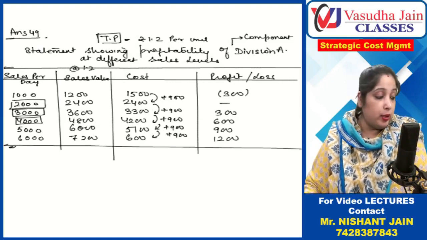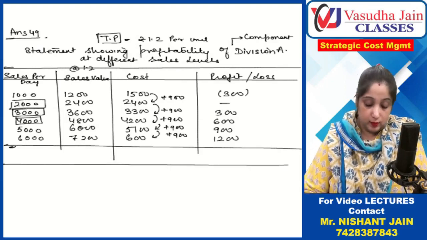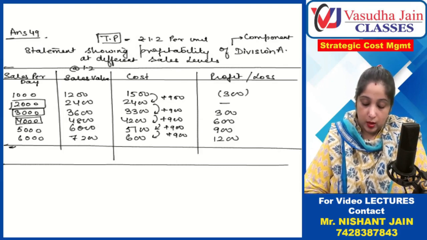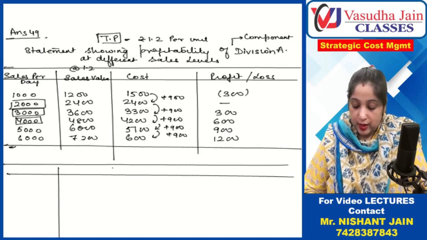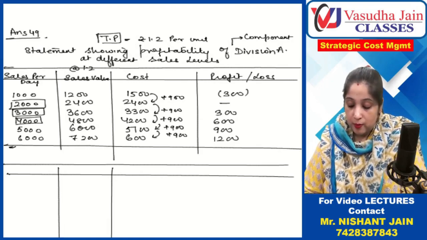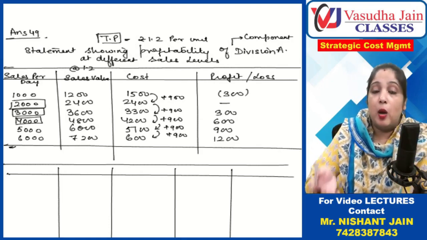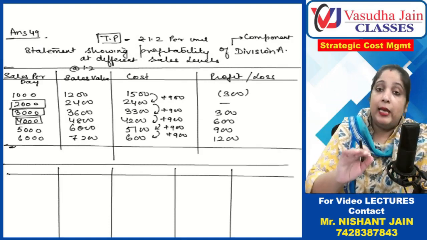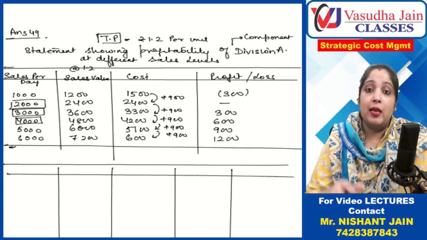Now it is very important to observe division B, because division B incurs two types of cost. One, that it purchases the component from division A. Then it incurs its own cost also in manufacturing of KLIM, and then it sells.